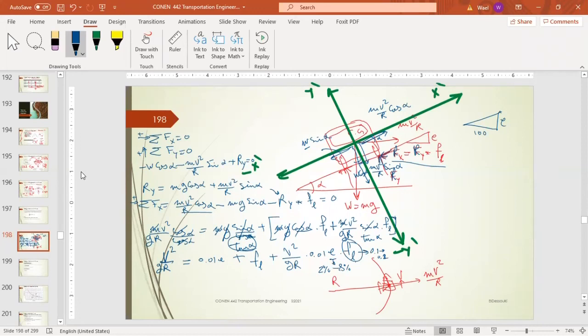So this last term, when we solve it, is very low, so we can ignore it. We end up only with these terms. So it becomes v square over gr equals 0.01 E plus FL, which is the coefficient of friction for side friction. Any questions so far?